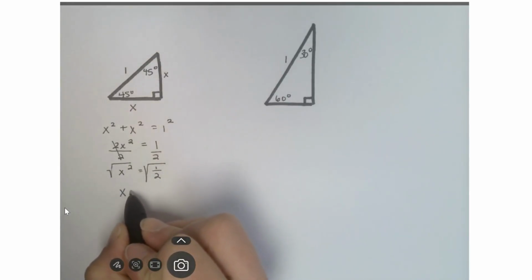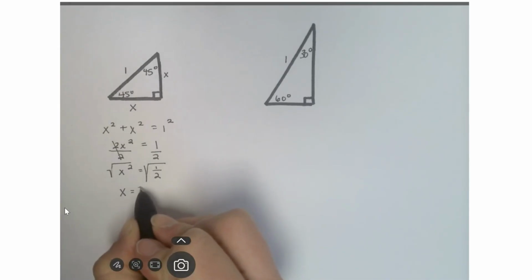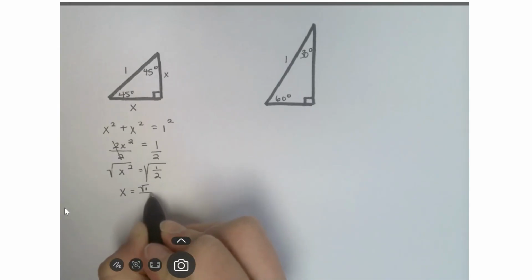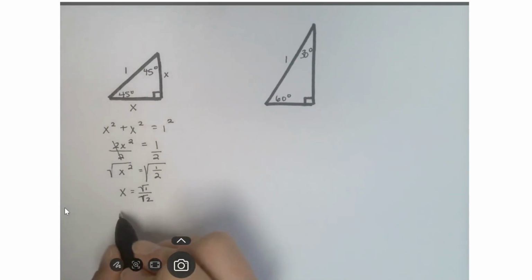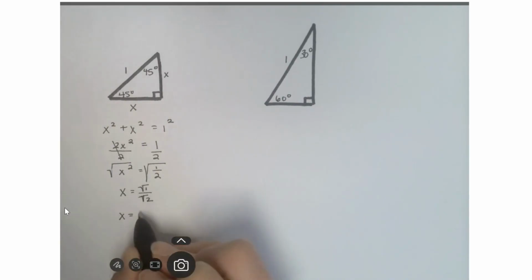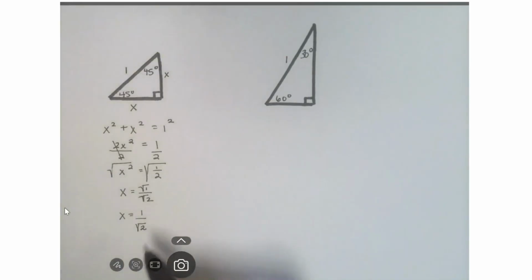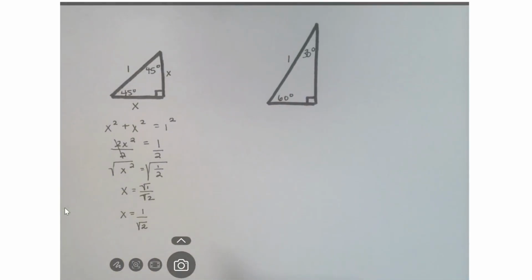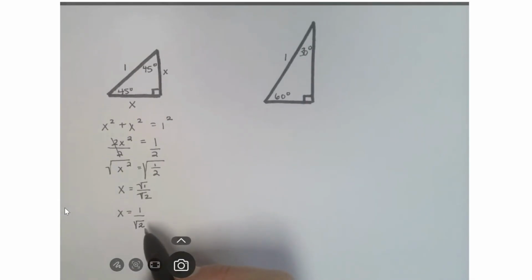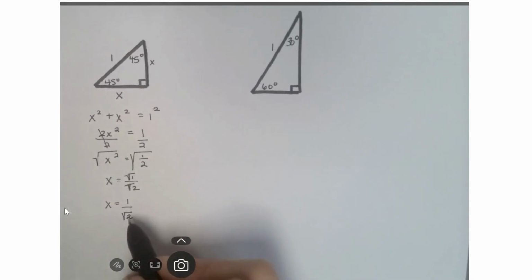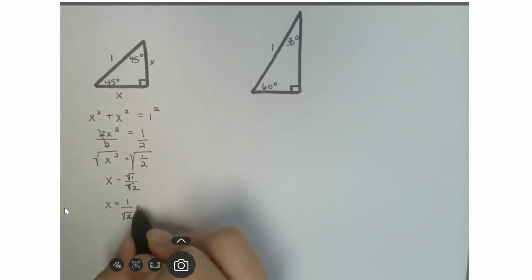I get x equals, now I can put that square root up here, square root of 1 over the square root of 2. Square root of 1 is 1, and then we just are left with square root of 2 on the bottom because that's going to be an irrational number. But mathematicians don't like square roots on the bottom. So what we're going to do is rationalize the denominator by multiplying by a special number 1.